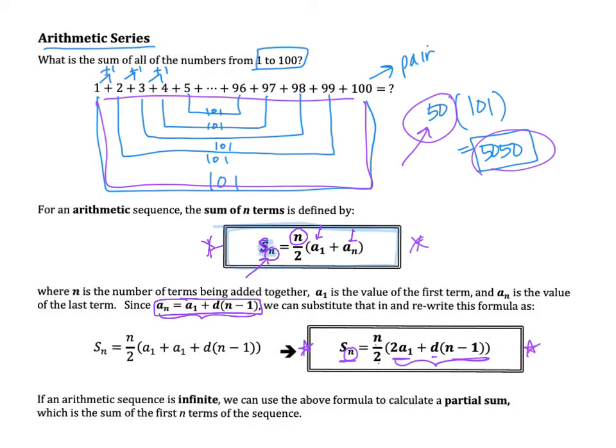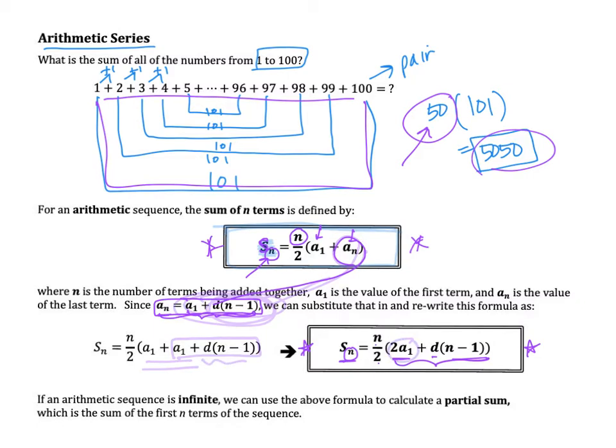If we know that the nth term is equal to a sub 1 plus d times n minus 1, we're going to substitute this in for the nth term, right? So I'm going to take this entire thing right here and substitute it in for a sub n. So that's what I did here, and then I have 2 a sub 1s and the rest is plus the common difference times n minus 1.